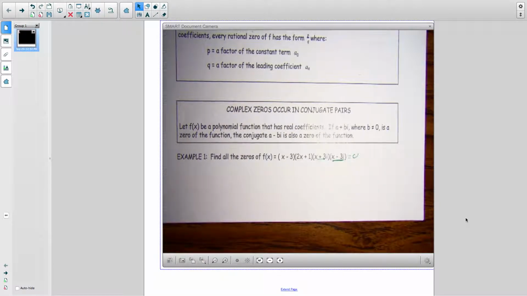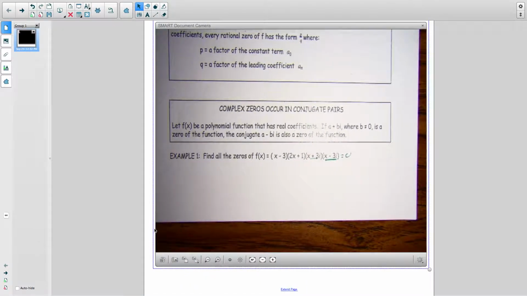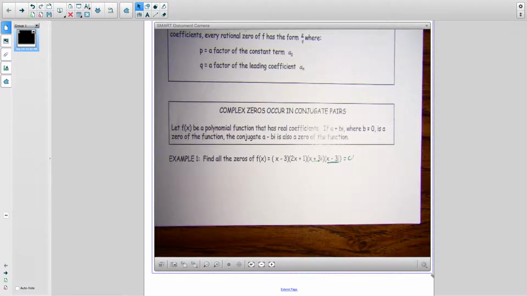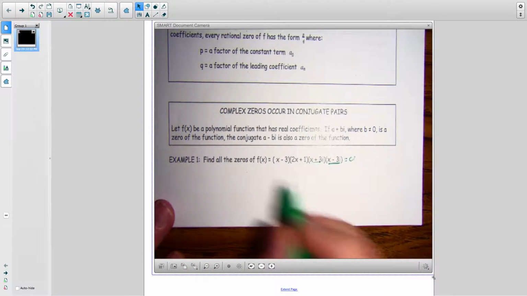And how do I find all zeros? How do I solve that? And set them all equal to what? 0.